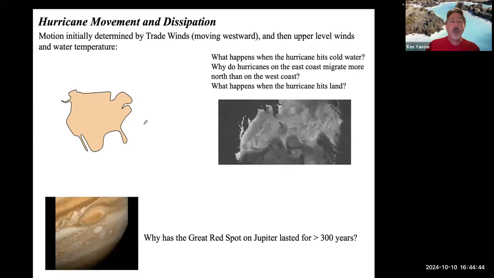Now, there's some more questions. Let's say that we have a hurricane developing here in the Atlantic, and it's traditionally going to flow this way, flow up the eastern seaboard, and then maybe flow up into the North Atlantic. That's the typical path a hurricane here will take. You can see this satellite image, by the way, and you can see the Great Gulf Stream.